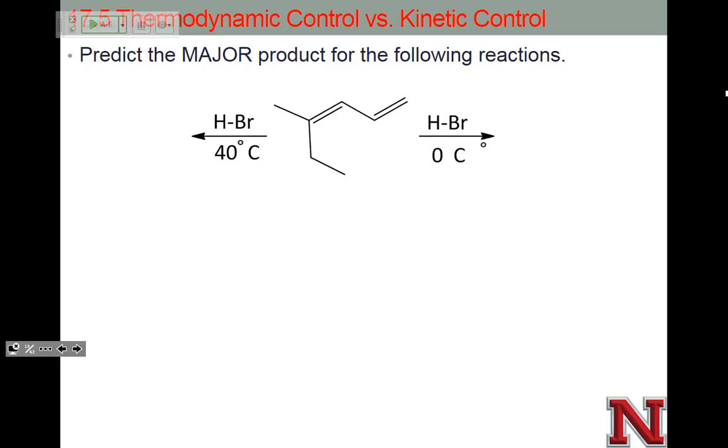Now remember, this is addition, and with addition we have to keep temperatures low because elimination is favored at higher temperatures. So typically, even the higher temperature won't be really above 40, 50 degrees, but that's still high enough to get over both activation energies. But typically at 10, 20 to 0 degrees Celsius, we're only going to be able to get over the lower energy transition state.